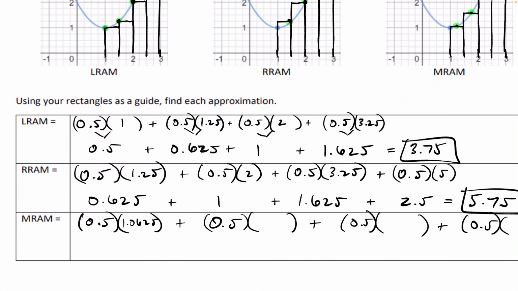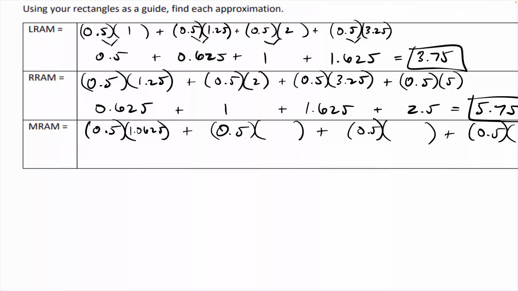So you would do f of 1.25. Like I said, I'm not going to do this for all of them, but I at least want to do it one time in your notes so that you know how we got that number. I'm using 1.25 because it's the midpoint.